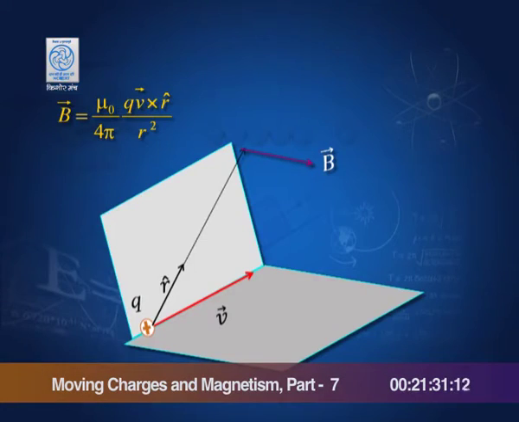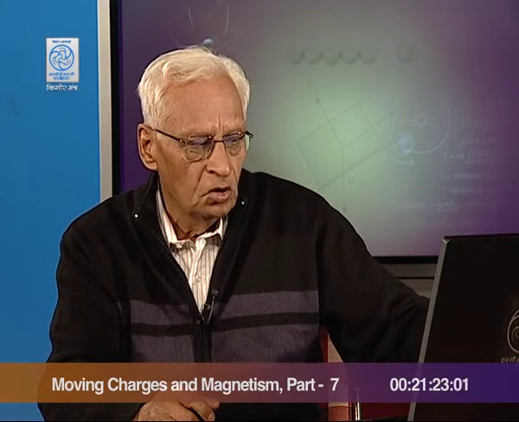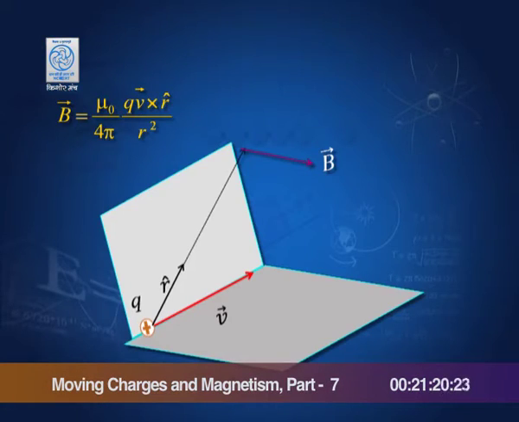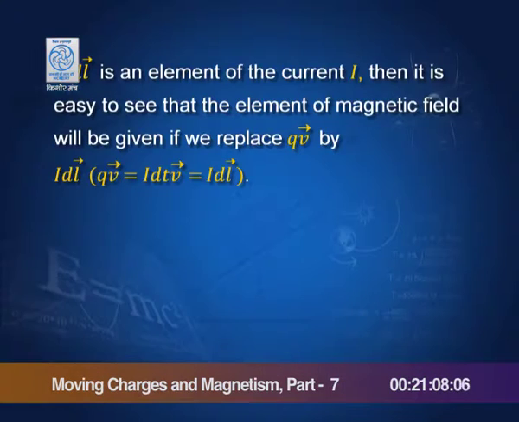Then the field is given by mu0 by 4 pi, q v cross r cap by r squared. You could have q v vector crossed r vector by r cubed also. Some books will do that, but here we have q v vector cross r cap, which is a unit vector along r. Now, q v is I dt v, and dt v is dl.